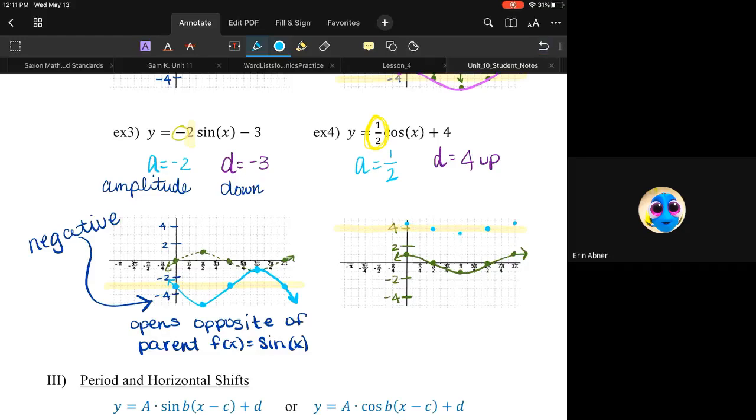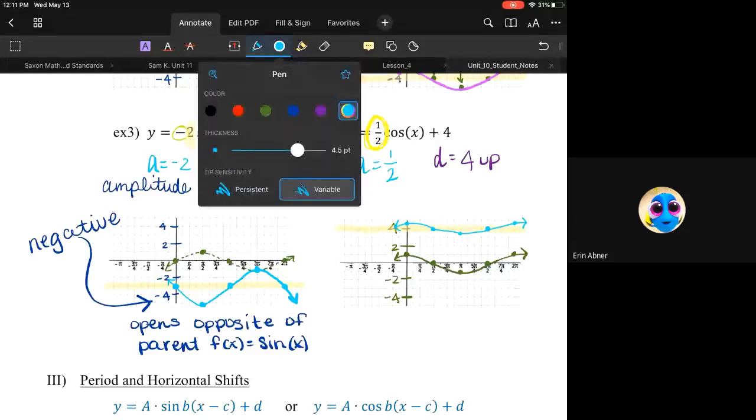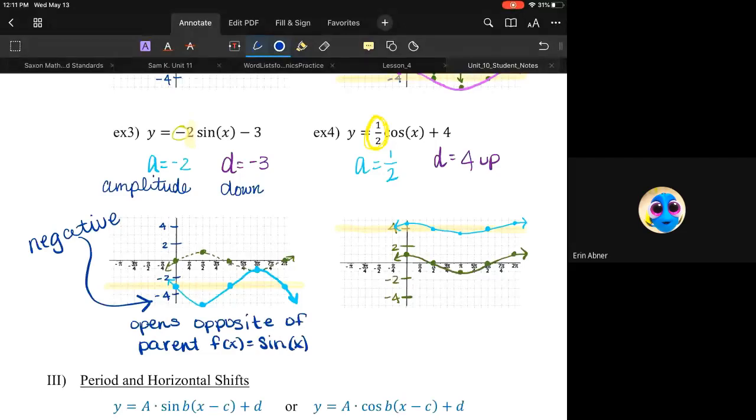Nope, try that again. Now we can see that one barely move because my amplitude is half. So this was my amplitude. This was my vertical shift. And then this one was not negative, so it's the same.